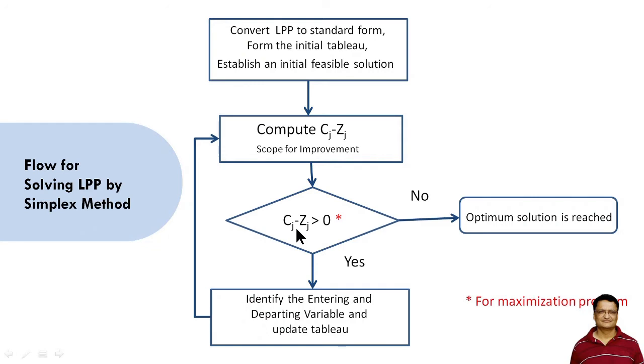We have to look for whether we are getting any positive Cj minus Zj value. If we get any positive value, then we need to identify the entering and departing variable and update the table. Once we reach the point where the Cj minus Zj value is either 0 or negative, at that point we can stop. So let us move to our example.